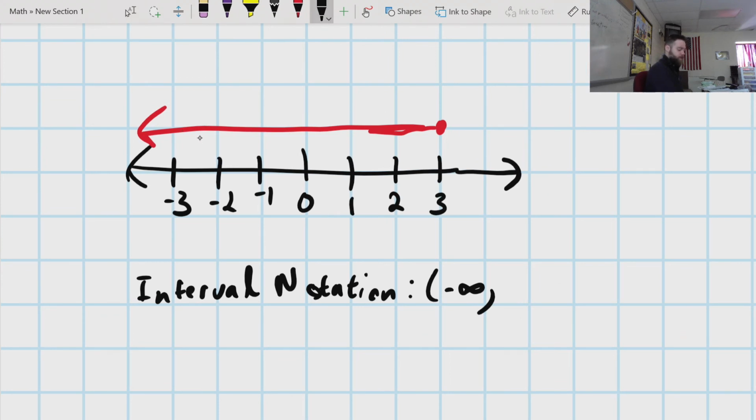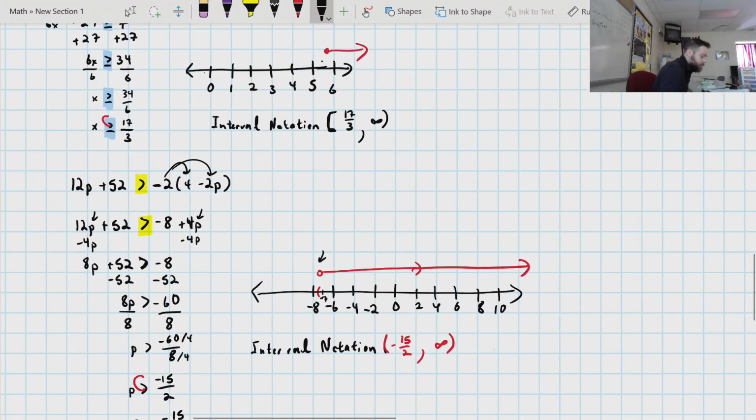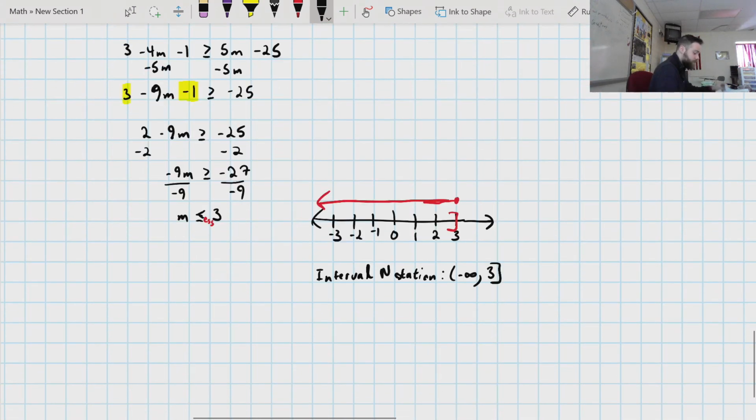And then all the way to the right here, my ending point would be right here at positive 3. So close bracket. And so it's a pretty good start.